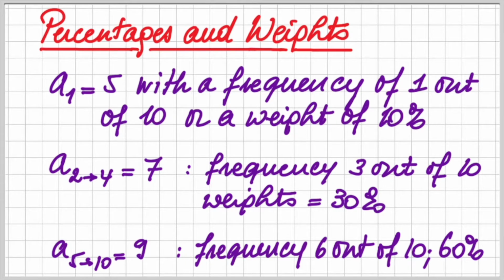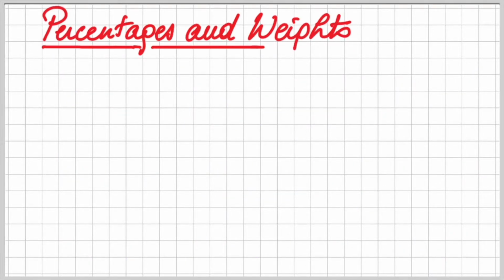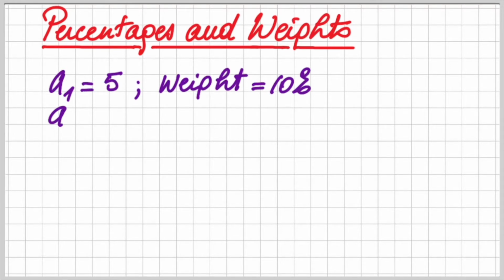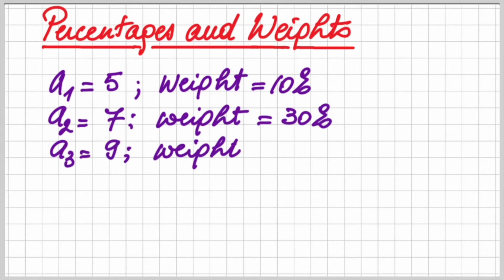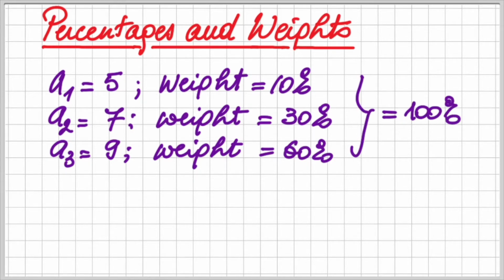and 60%. Now, when we put this in the formula, we find in fact that A1 or 5 has a weight of 10%, A2, the number 7, has a weight of 30%, A3, which is equal to 9, has a weight of 60%, and when we total all these weights, we find 100%.